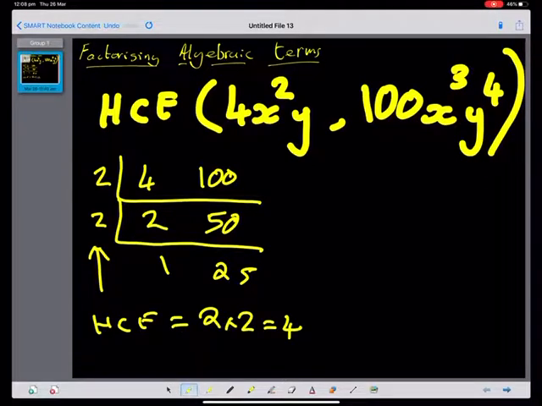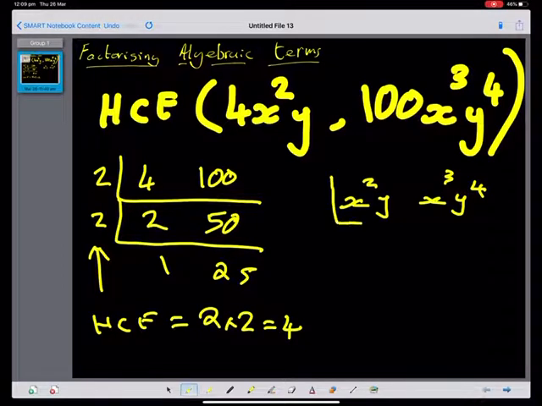Okay, we now need to consider the highest common factor of x squared y and x cubed y to the 4. Okay, now we can actually use the same method. We can divide by x.